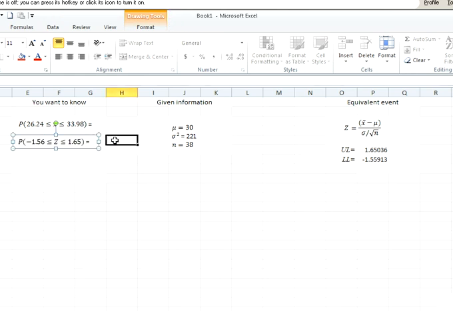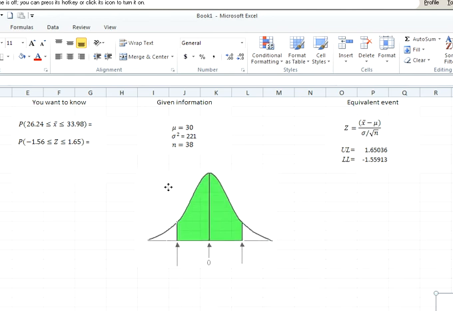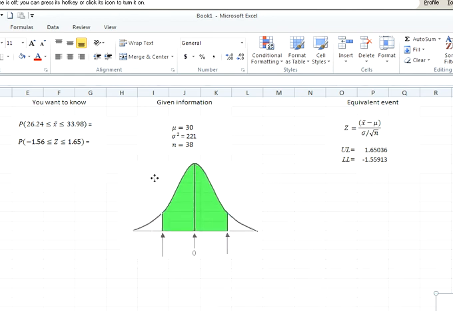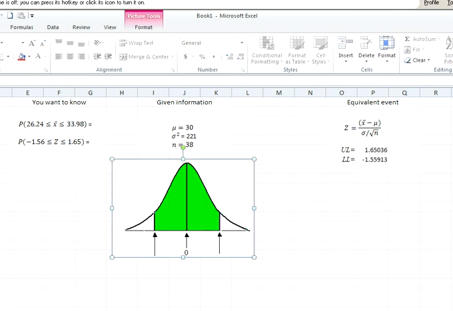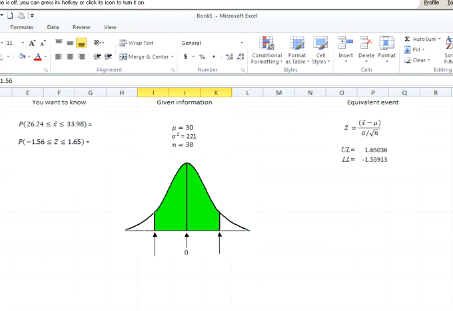Okay, so if you look at the normal distribution, it is going to look like this. You're looking for these two numbers right here. So you want to find out the probability that z is between these two numbers, this green area. And you can use, again, the NORMSDIST formula.